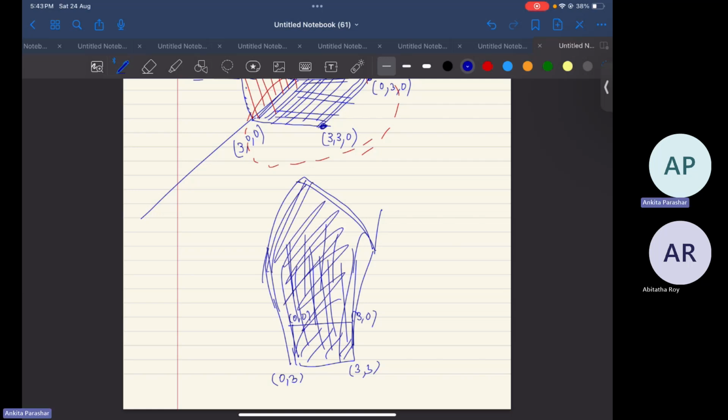So we have to find the volume like this. It's like a hut. You have something in the base, but you are making something like this. So the base has to be covered only by that square, but the upper part has to be bound by that surface which is given to you.